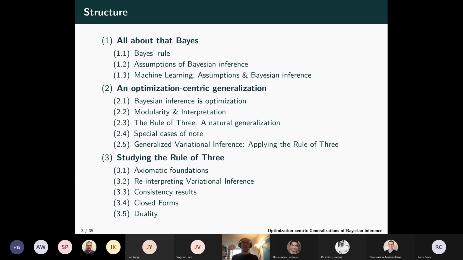We'll look at some special cases, and then we'll look at how you can go beyond what people have done in generalizing this optimization logic. And I'll look very superficially at some of the ideas that we've explored with this over the last few years.